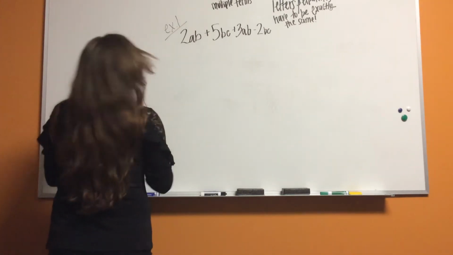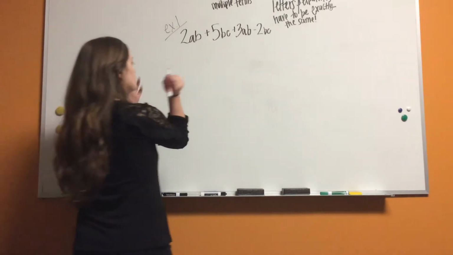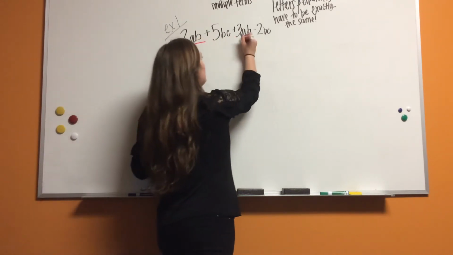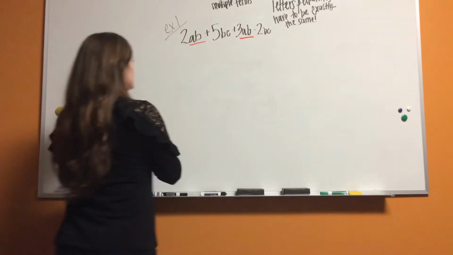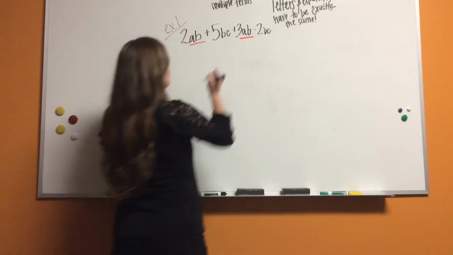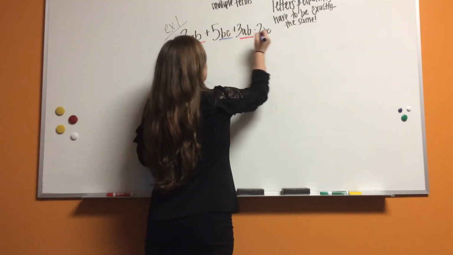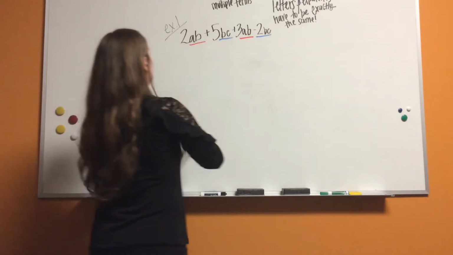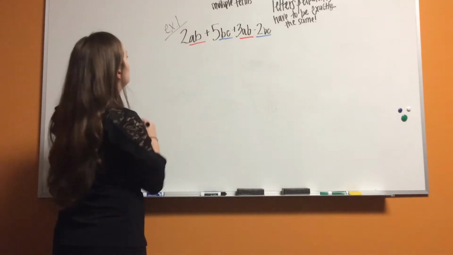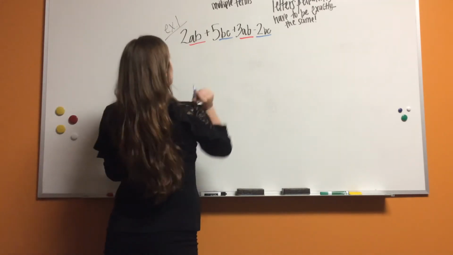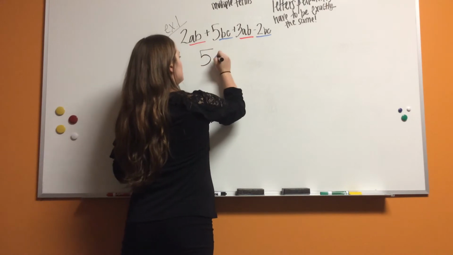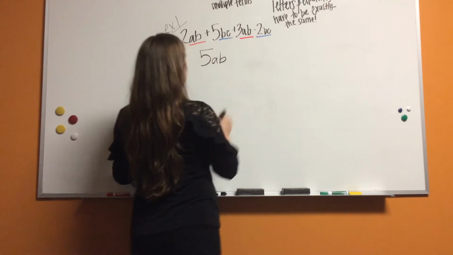Alright, so as you see here, we have AB, BC, AB. Okay, so those two are the same, these two are the same. So we're going to start with AB. So 2 plus 3, it's going to be 5AB.